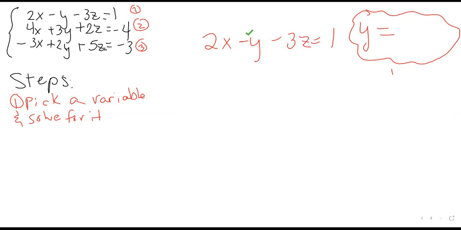Shouldn't be there. Because I want y by itself. Oh, the x and the z. Exactly. So I need to move both of these over, so that way I can have it as my y equals. So what's the opposite of positive 2x?